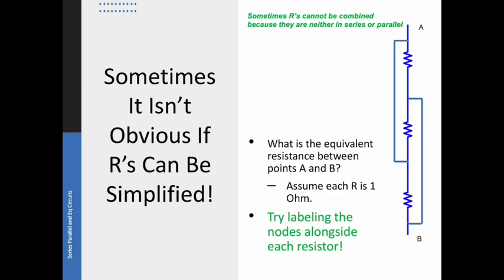Well, one trick you might use is to propagate the label of the nodes across the extent of each node till you are able to place a label immediately next to a given component, such as these resistors here. So let's do that.